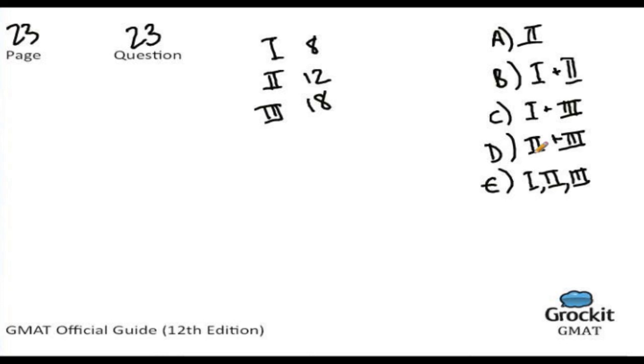Okay, so positive integer x is a multiple of 4, positive integer y is a multiple of 6. Multiples of numbers are taking that original number and multiplying it times positive integers. So the multiples of 4 are things like 4, 8, 12, 16, that sort of thing.